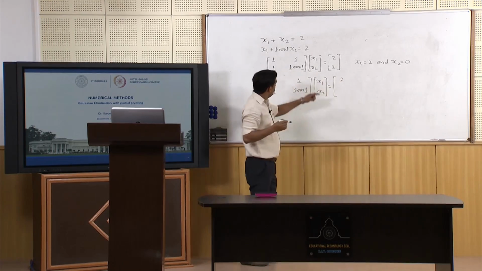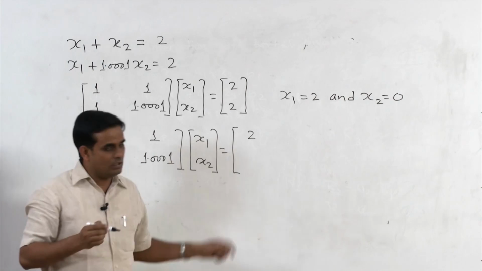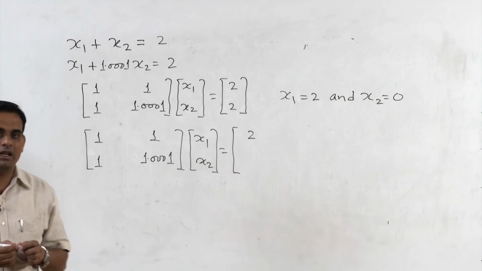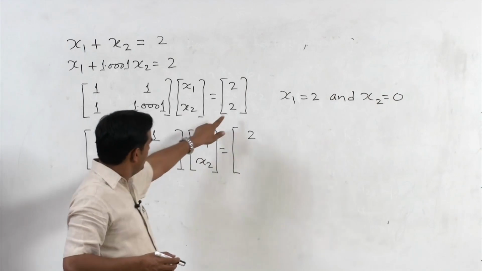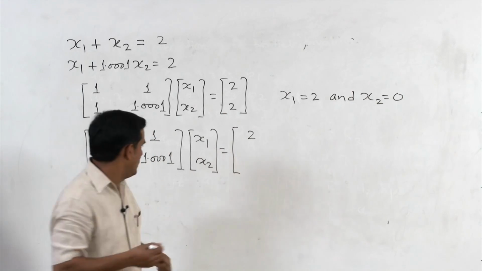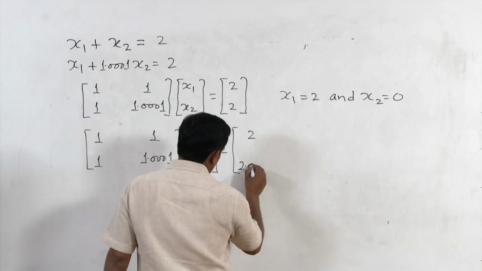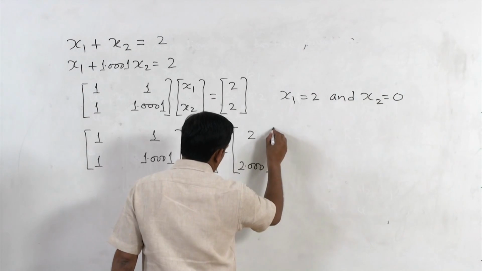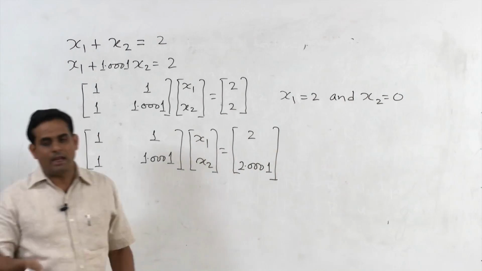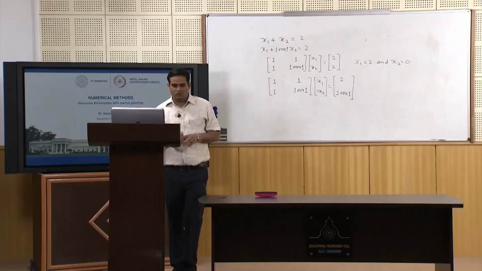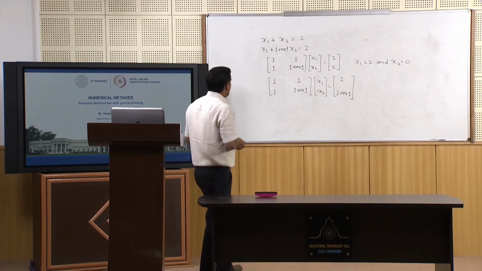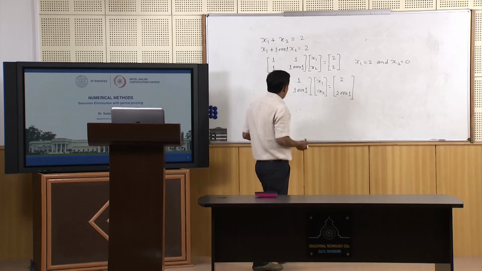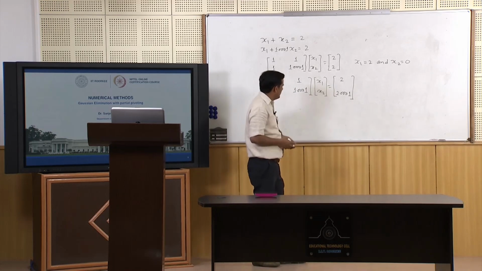In the right hand side entry of the second equation, earlier it was 2, but it has become, let us say, 2.001 due to some error. It may be some numerical error or some error in the measurement, maybe a sensor error.